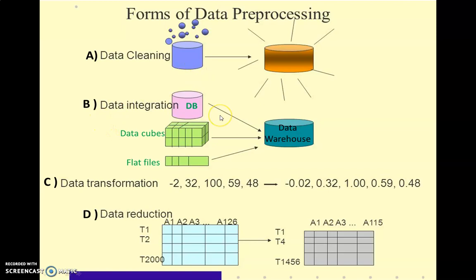Then we know what data integration is, what we get after data integration, then what data transformation is, how the ranges of data or big values are reduced to smaller values, and then what we discussed today, that is data reduction, where big data sets are reduced to smaller data sets using different strategies. So this is what we have in forms of data preprocessing.